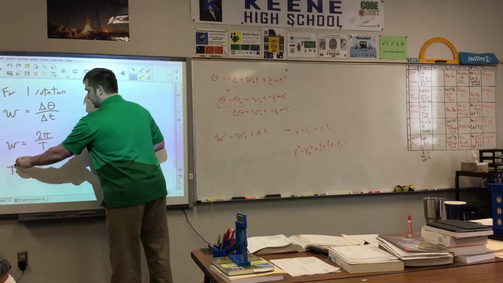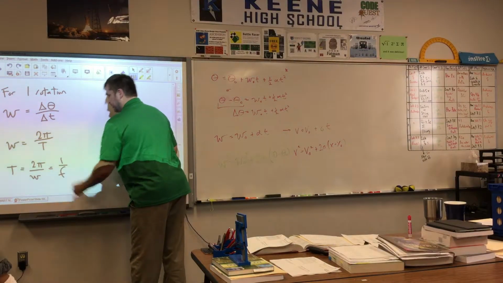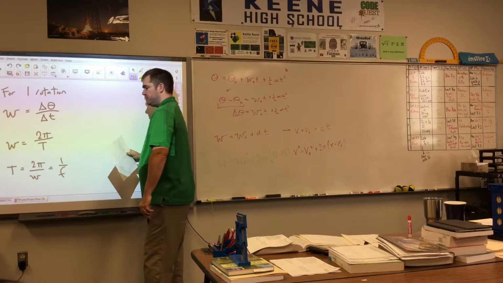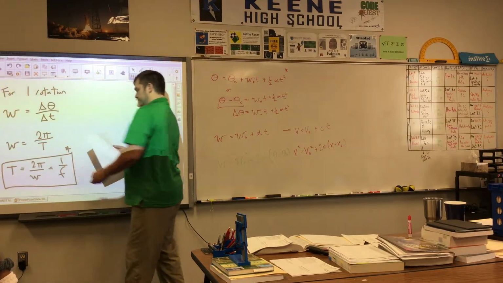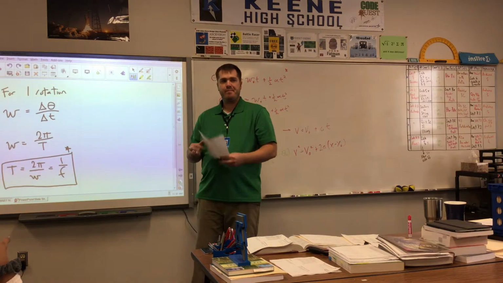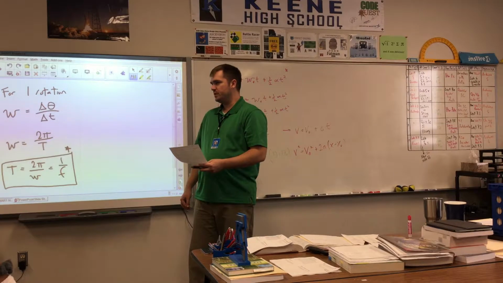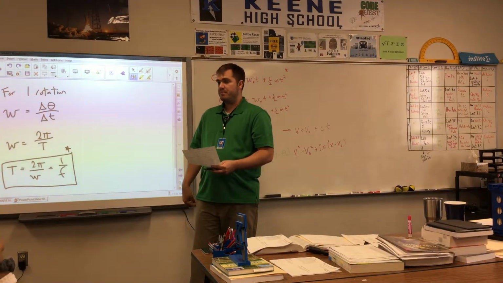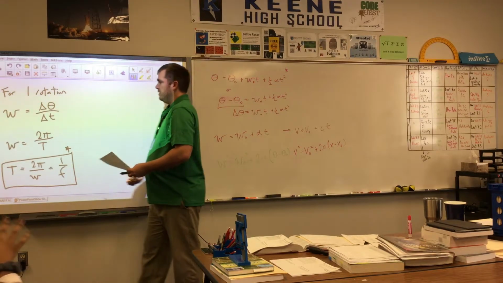And we saw yesterday that the period is 1 over the frequency. That formula, I believe, is on your AP chart. Delta T is changing time. Uppercase T is reserved for period.